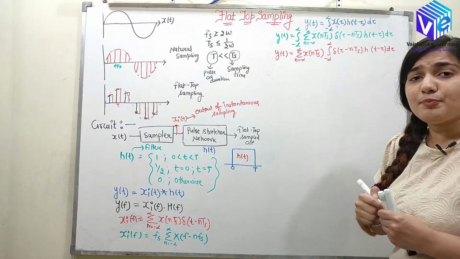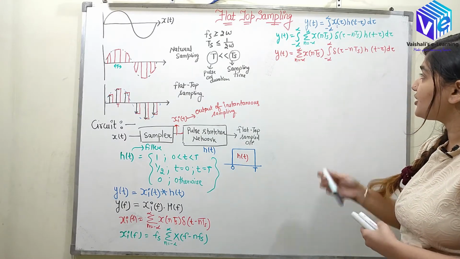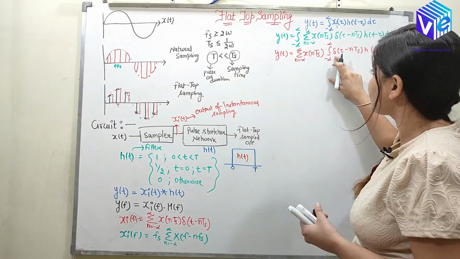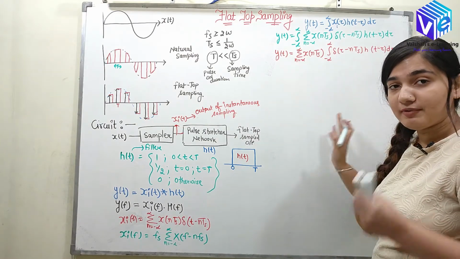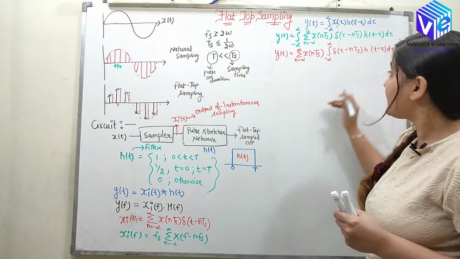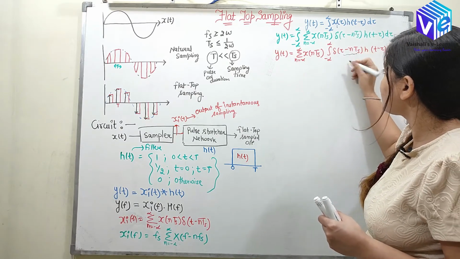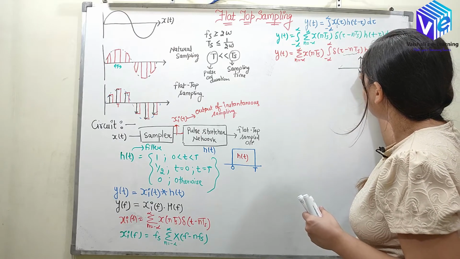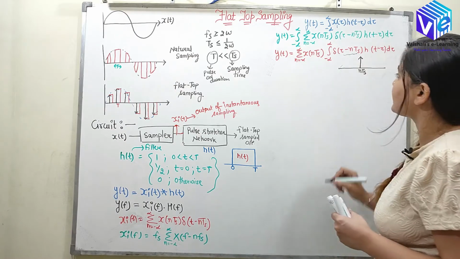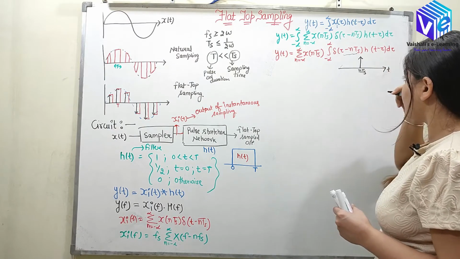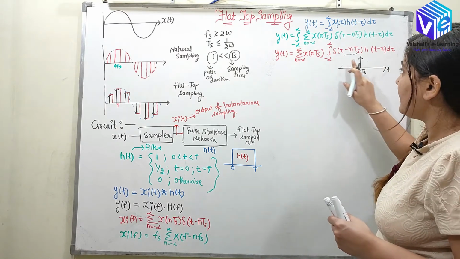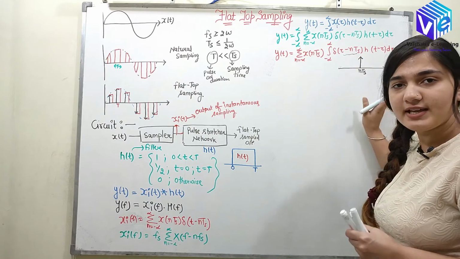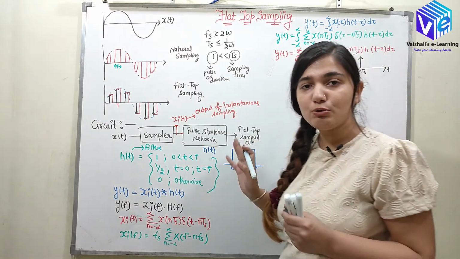Now I know the property of integration of del function. So what is del function? Del function is having value 1 at a particular instant. So it's the shifted version. So here I'll be having the value of del equal to 1 at nTs. So when t is equal to nTs, I'll be having del value as 1. Otherwise at every instant of t, it will be having value 0.